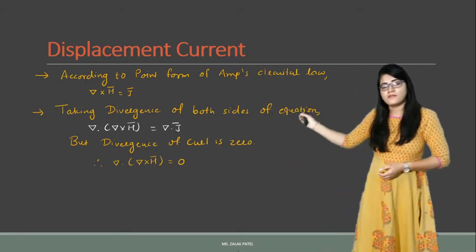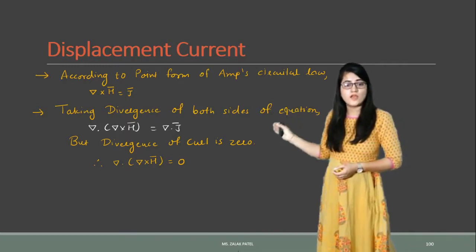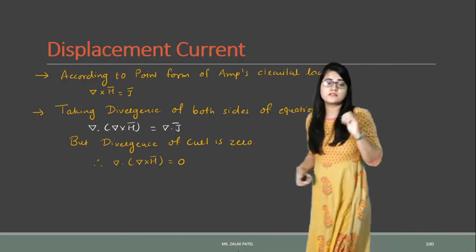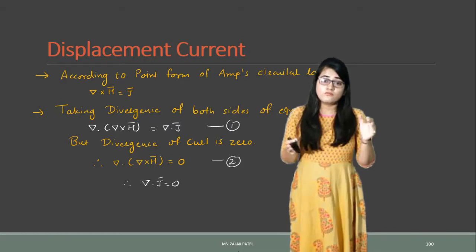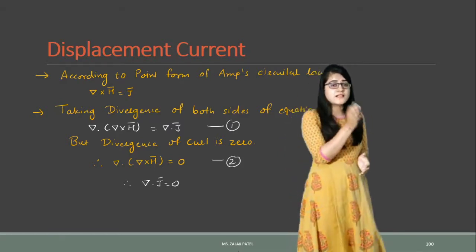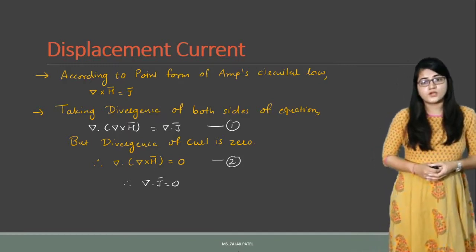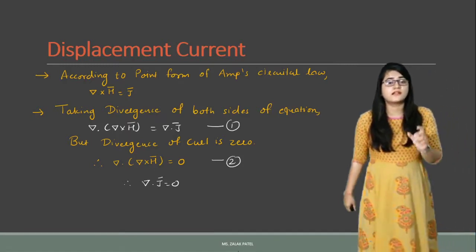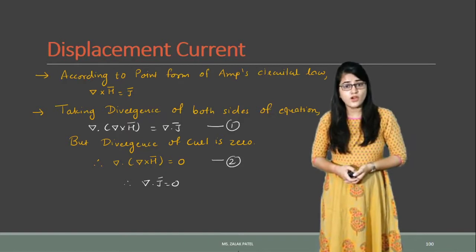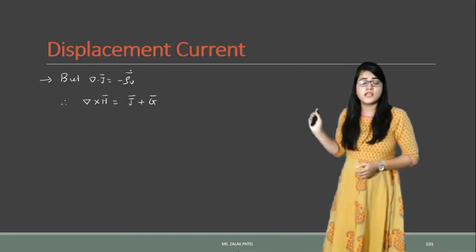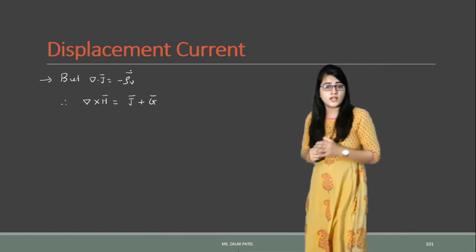So now our left hand part becomes 0. That means del dot J equal to 0. But in the last slide, the modification of the continuity equation of current, we have seen that del dot J is minus rho v dot. So that means this equation del dot J equal to 0 is incorrect.